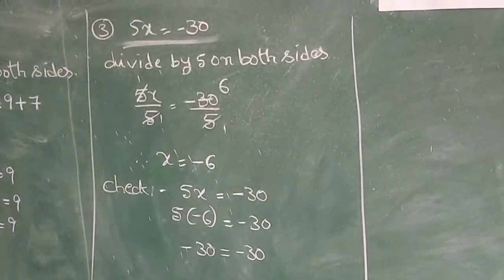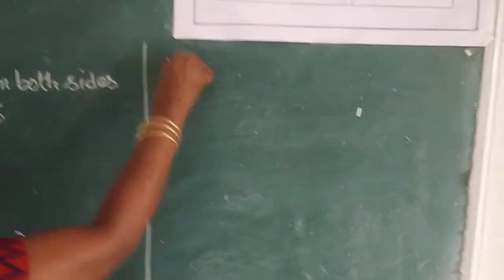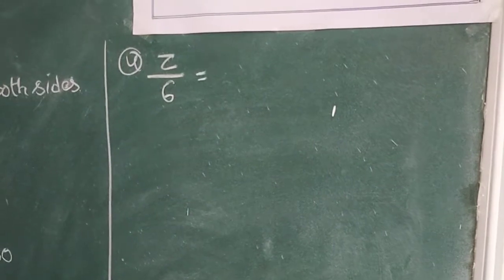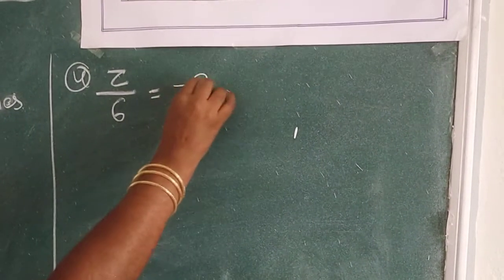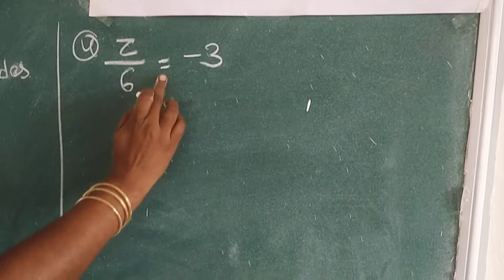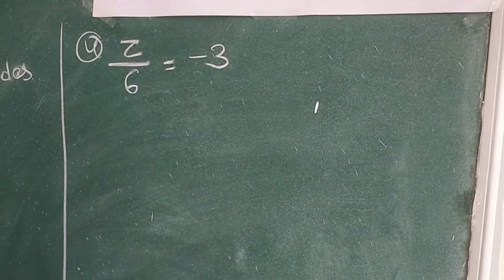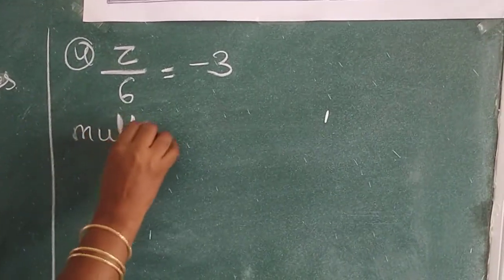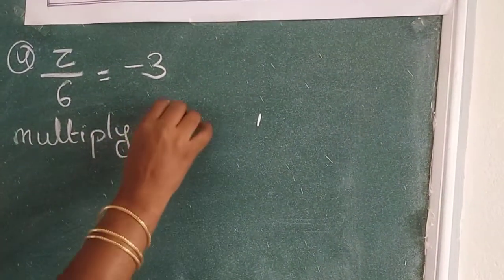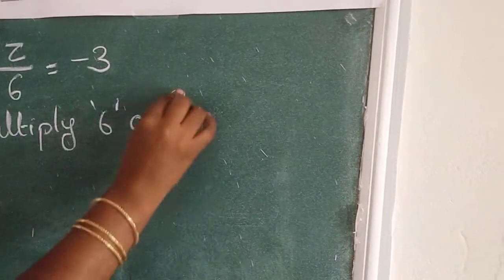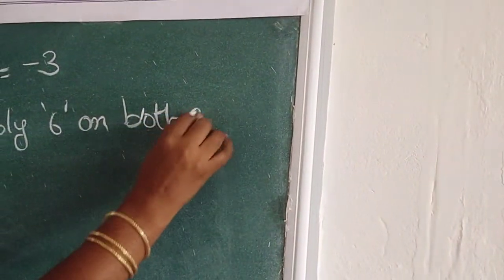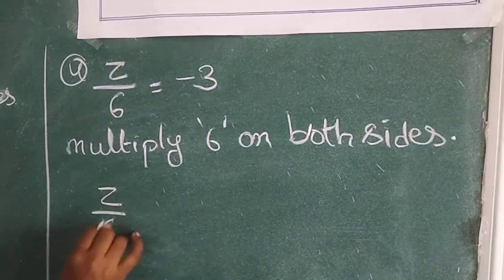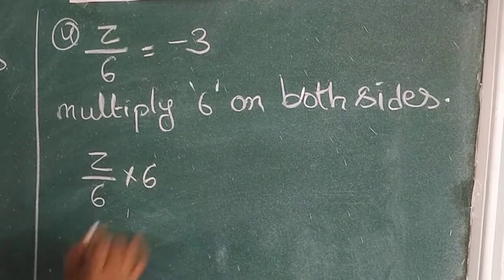Solve some more examples. z by 6 is equal to minus 3. In this equation, multiply 6 on both sides. z by 6 into 6.